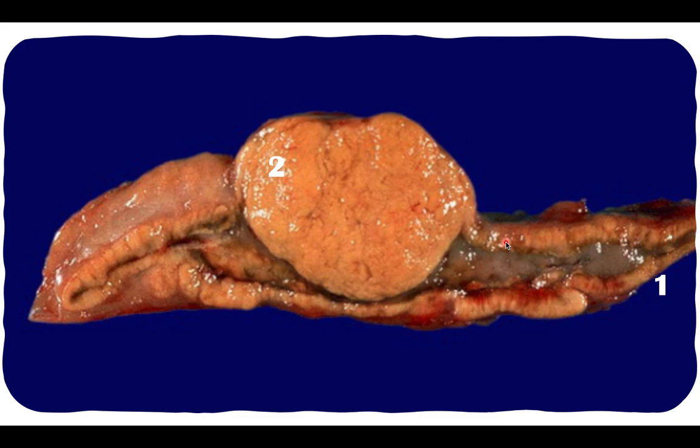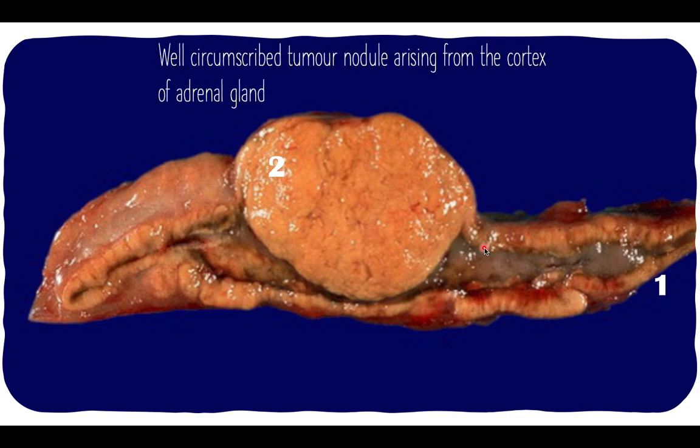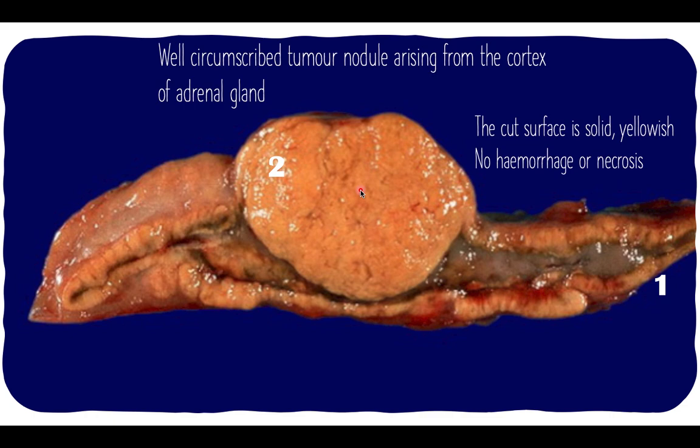This image is also similar, where you can see there is a very well circumscribed tumor nodule arising from the cortex of the adrenal gland, and the cut surface of the tumor is solid yellowish, with no hemorrhage or necrosis.